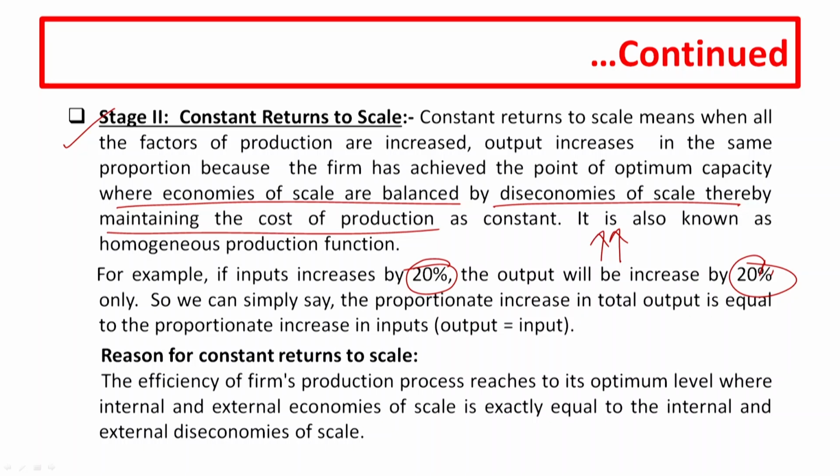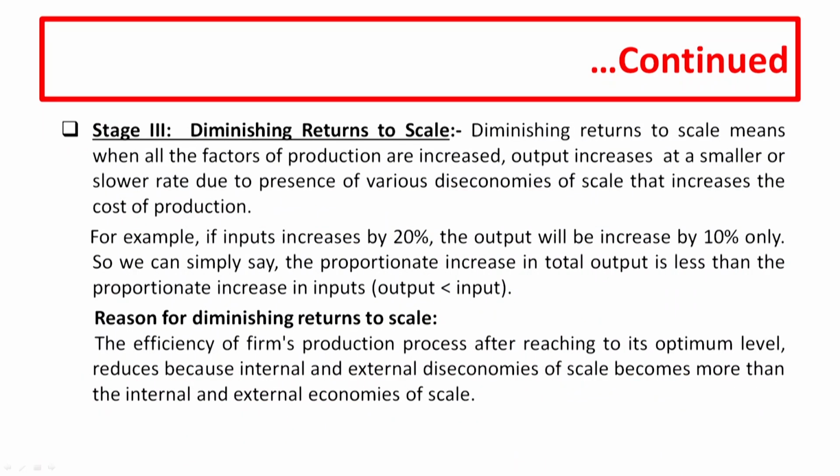Your economies are balanced by your diseconomies, and this is the reason for constant return to scale. The efficiency of the firm's production process reaches its optimum level where internal and external economies of scale are exactly equal to the internal and external diseconomies of scale.